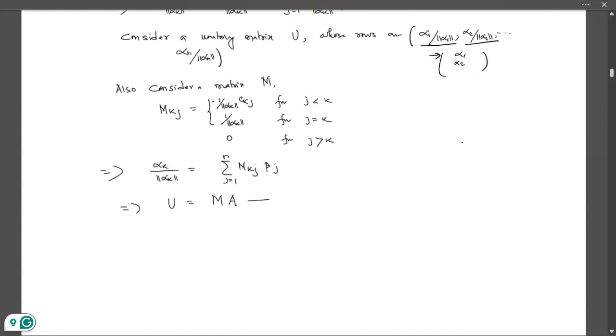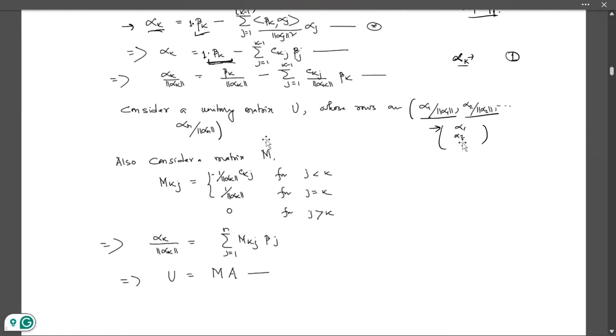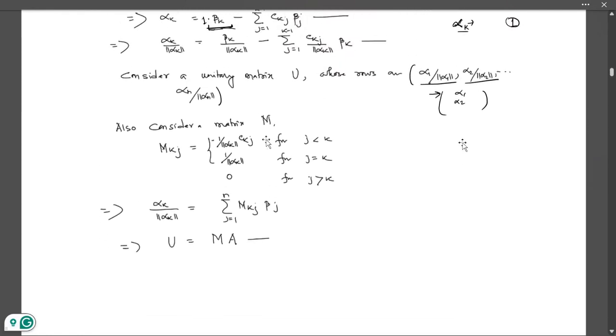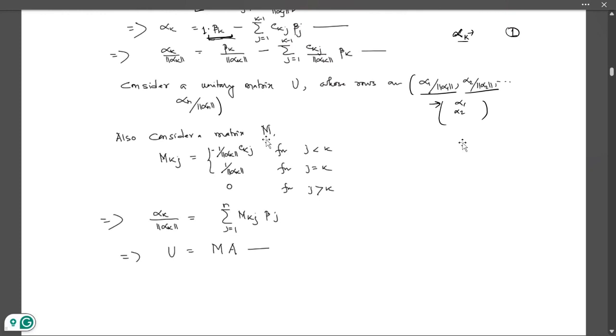That is necessary because we had a theorem which says a matrix is unitary if and only if all of its rows are orthogonal first of all, and they are norm 1 row vectors. So to make them norm 1 vectors, we are dividing by norm alpha 1, norm alpha 2, and so on. Similarly, we get a matrix. Okay, this matrix is U, our unitary matrix.